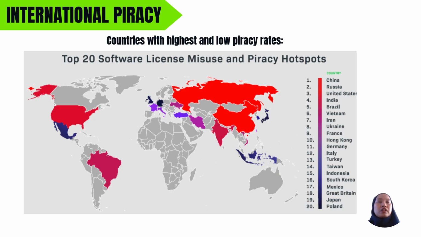Between 2020 and 2022, countries consistently identified as having high rates of software piracy were China, India, Indonesia, Vietnam, and Pakistan.